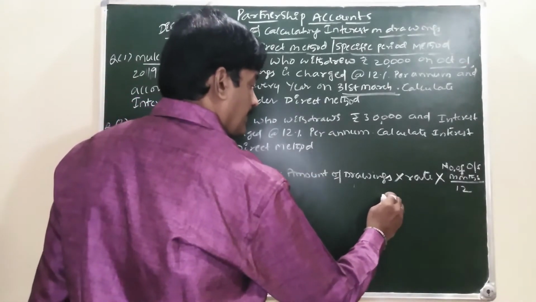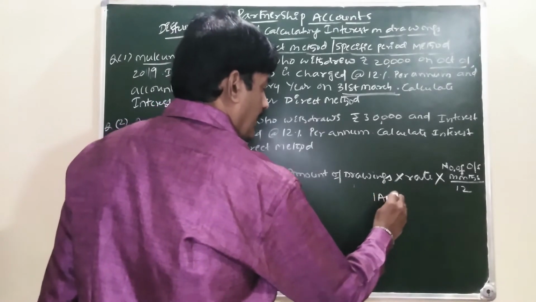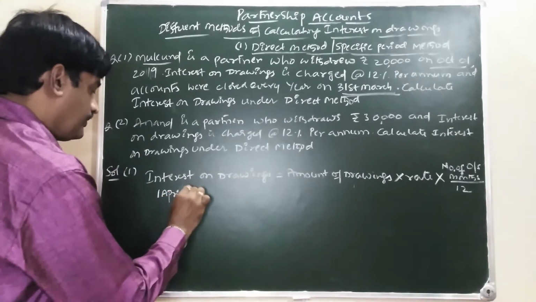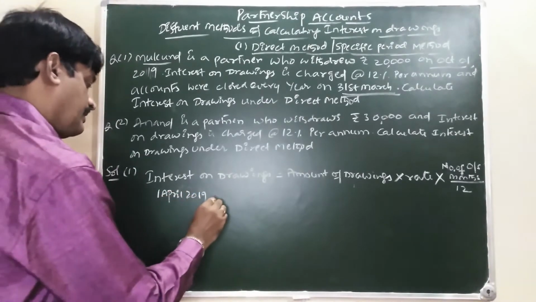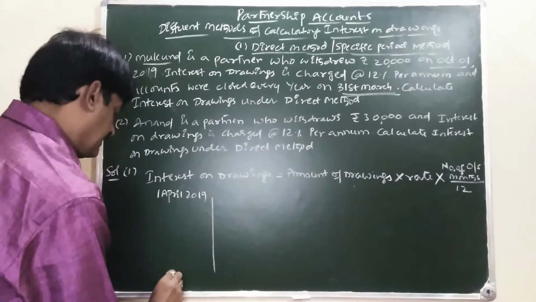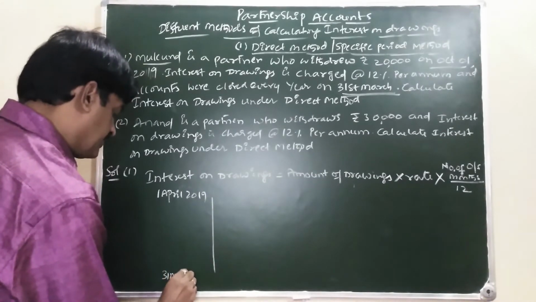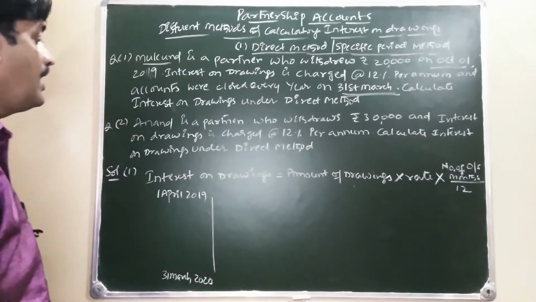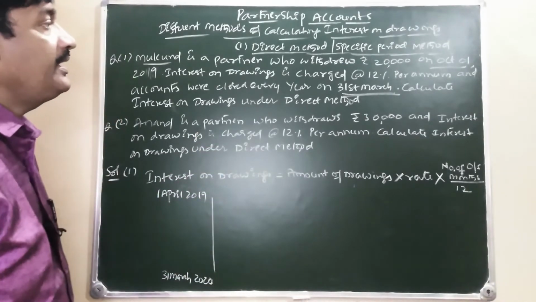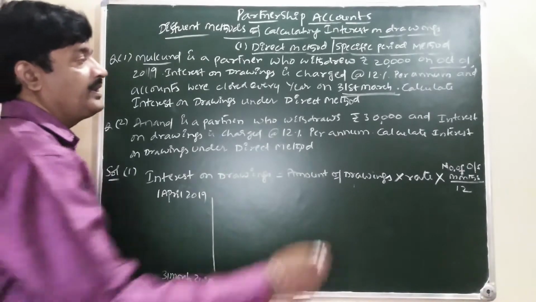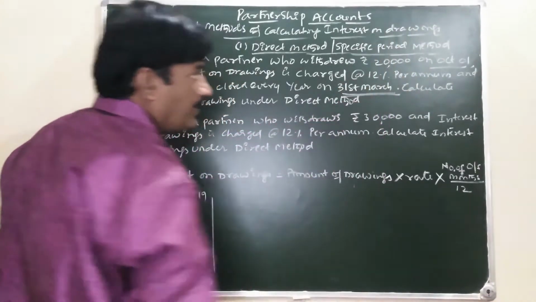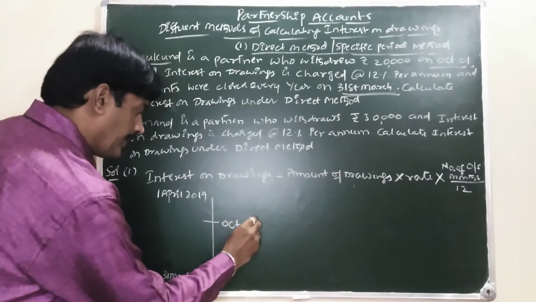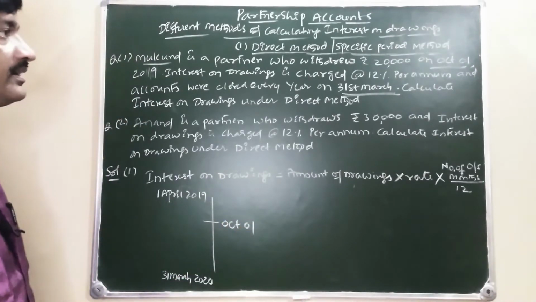Accounting period is 1st April 2019 and this accounting period ends with 31st March 2020. In this accounting period, he withdraws rupees 20,000 on 1st October.